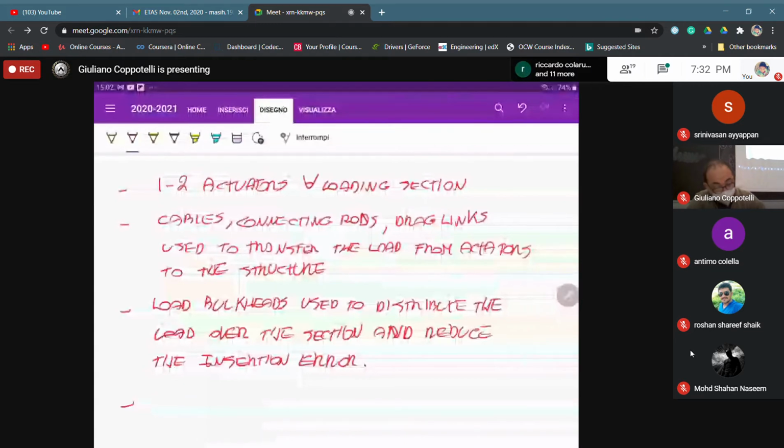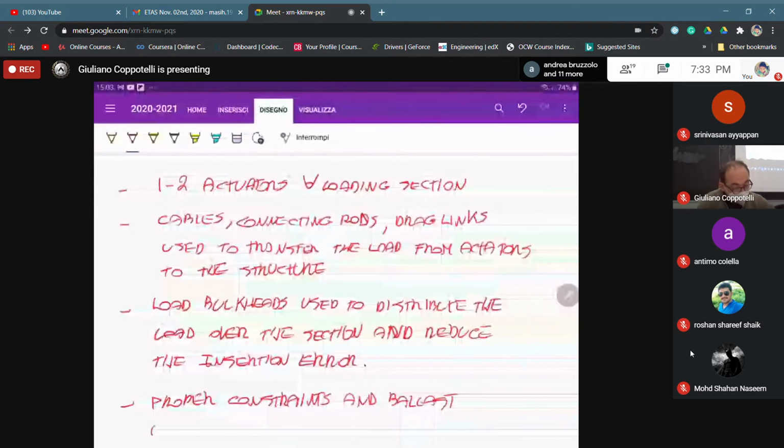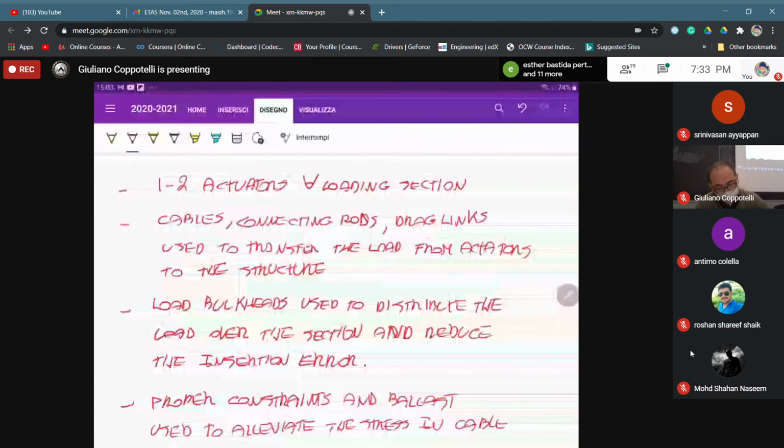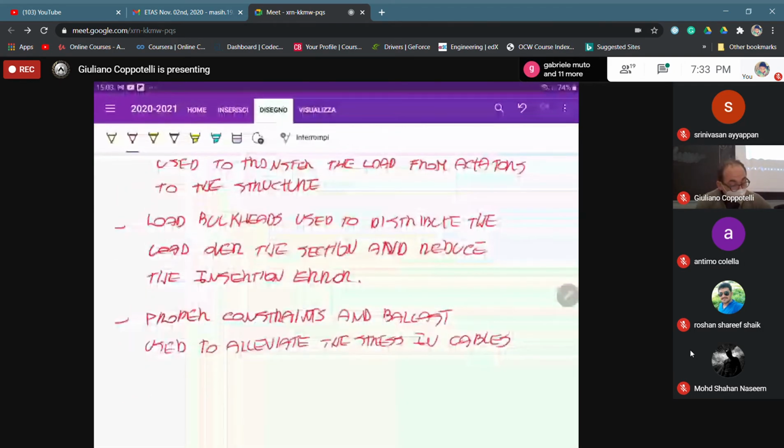So, okay, proper constraints and ballast, okay, are used to alleviate the stress in cables or connecting rods.